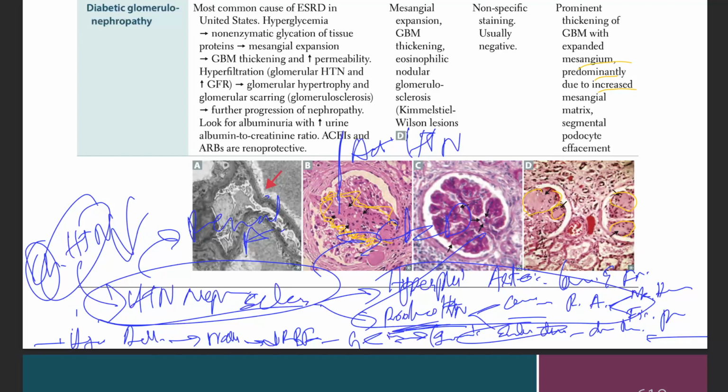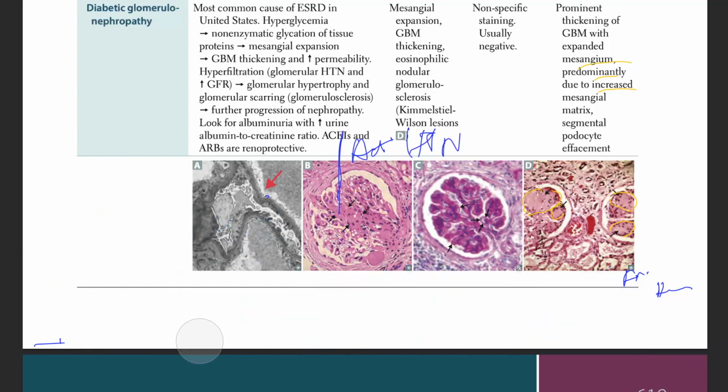So one more thing, this hypertensive nephrosclerosis progresses very slowly. And advanced disease occurs in which race?